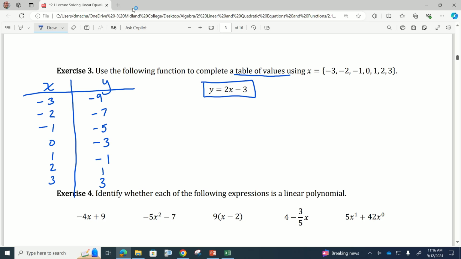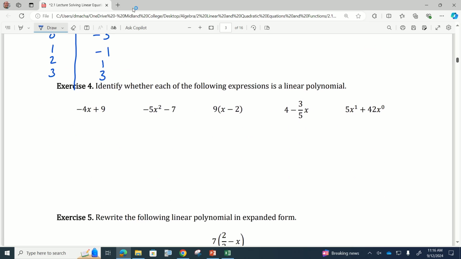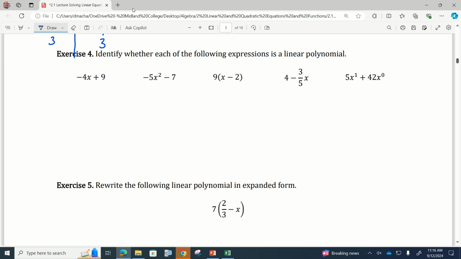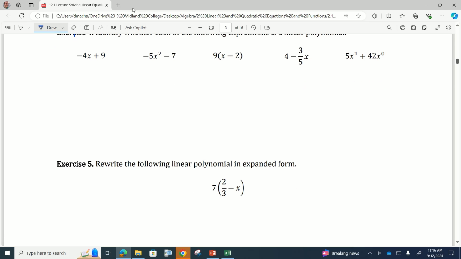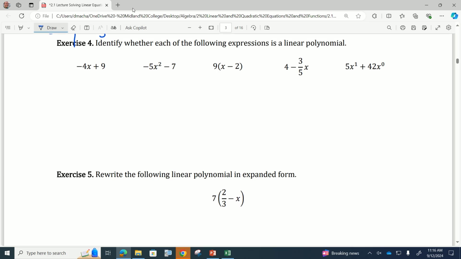All right, number 4. Let's identify whether or not each of these expressions is a linear polynomial. Is that a linear polynomial? Yes, because it looks like mx plus b, right? Is that? No. This is not a linear polynomial because we're not allowed to have x squared, right?